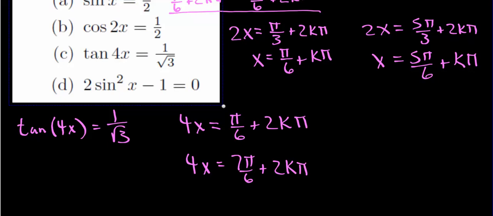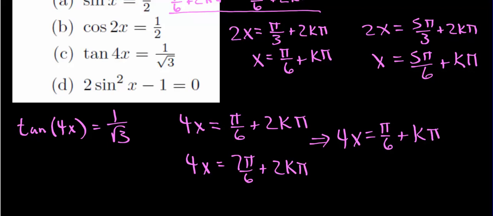But dig this now. I could combine these. In other words, remember the period of tangent is pi. So I could just write this way. I could say, well, 4x is equal to pi over 6 plus k pi. I could combine them that way. See?